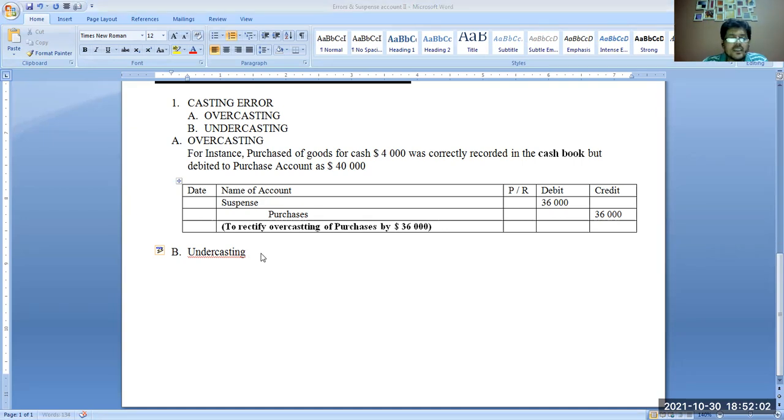In undercasting, what happens? For instance, we will work on the same transaction.